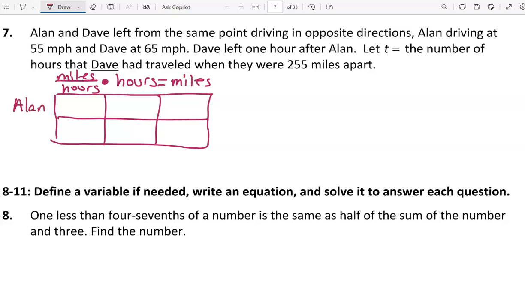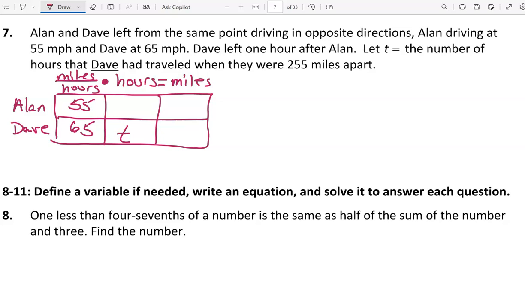And our two players here are Alan and Dave. All right, Alan drove at 55 miles per hour and Dave at 65 miles per hour. The t, pay attention to this, is the number of hours that Dave had traveled. So t will be Dave's number of hours.